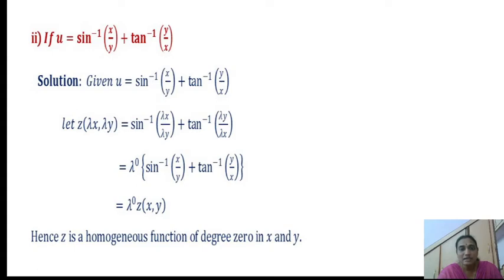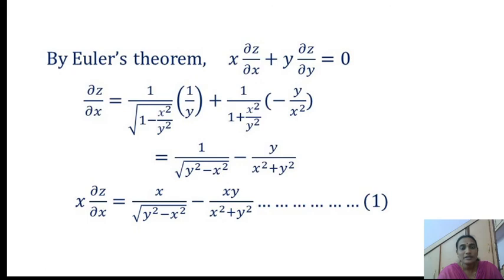Then it becomes lambda to the power of 0 z of x comma y. Here z is a homogeneous function of degree 0 in x and y. Next, we have to verify Euler's theorem. By Euler's theorem, we know that x into ∂z/∂x plus y into ∂z/∂y is equal to 0.